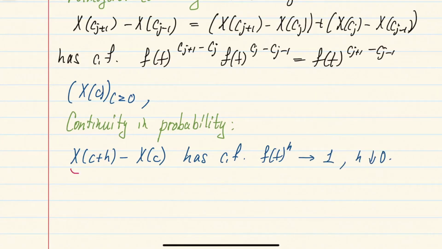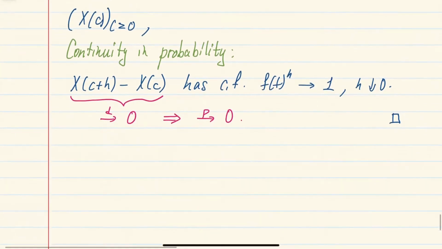And of course that means that this increment converges in distribution to 0, because 0 has characteristic function equal to 1. But we know that convergence in distribution to a constant implies also convergence in probability. So this increment converges to 0 in probability, and that's exactly what continuity in probability means. Okay, so this finishes the proof of this theorem, identifying Levy processes with infinite dimensional distributions.